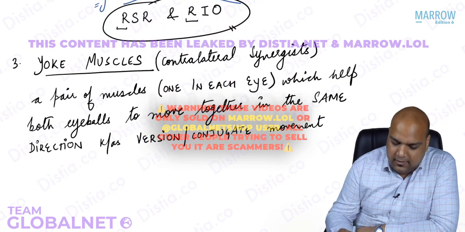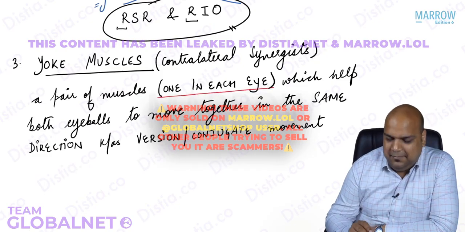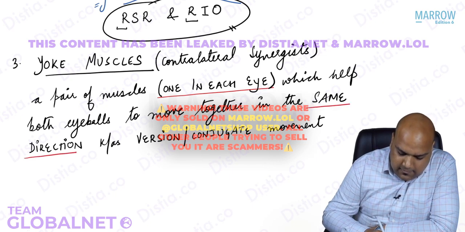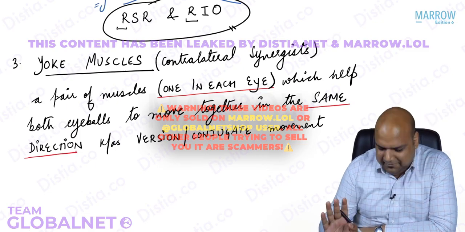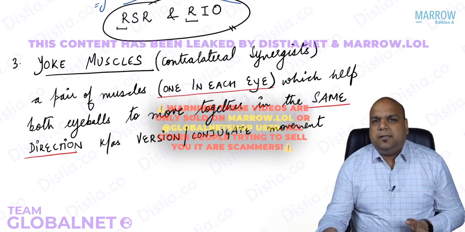Everybody? The first point, as I have again stressed, one in each eye. The second point, which help both the eyeballs to move together in the same direction. Okay?